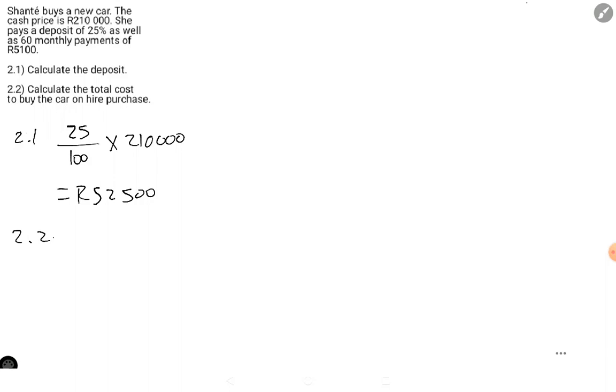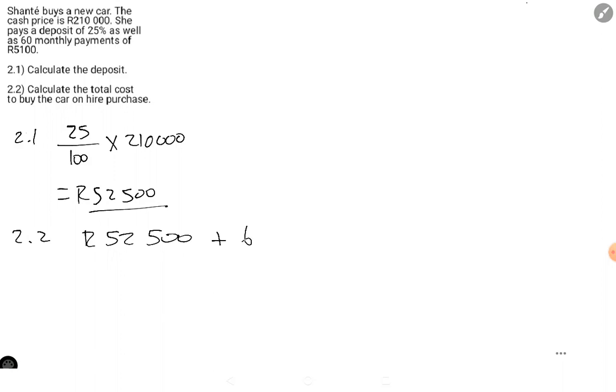Okay, so now let us do this. They say calculate the total cost to buy the car on hire purchase. Okay, so that means you are going to have 52,500, plus, remember the information said Shanti put down a deposit of 25%, which is this amount, and then she paid 60 monthly payments of 5,100.